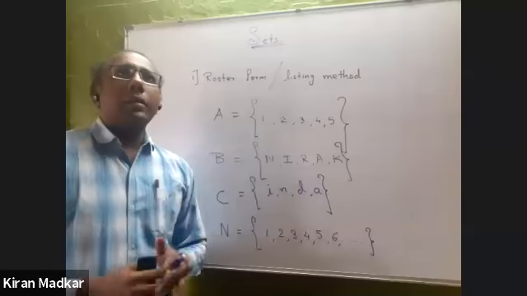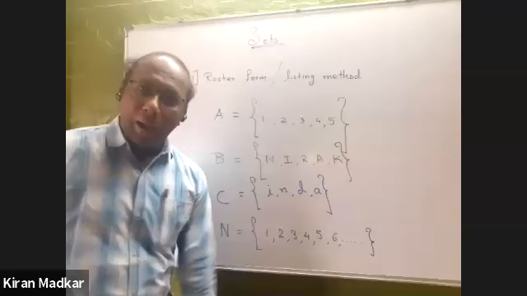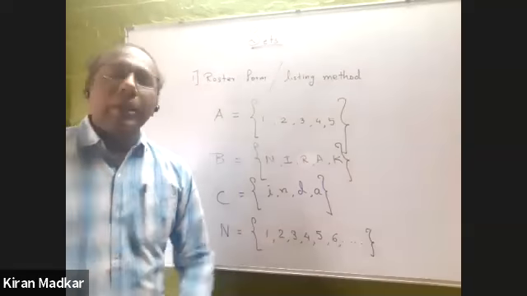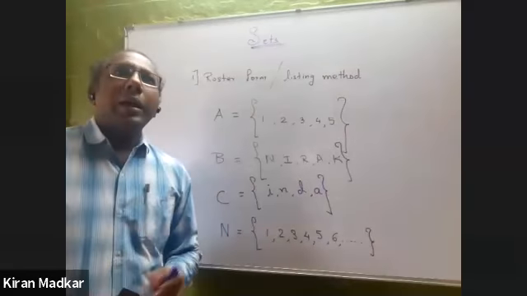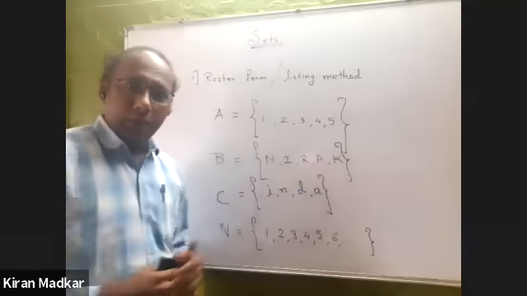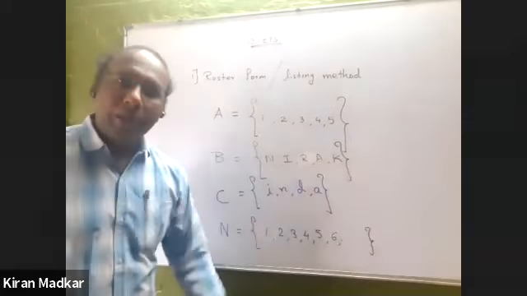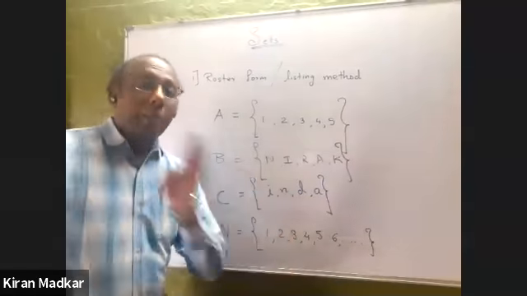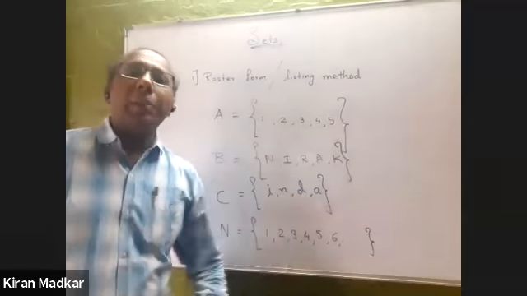Okay, now see, the rule we have to discuss here says that if any particular element is repeated, we are not supposed to repeat it. While writing the set, make sure that you are not repeating any particular element.